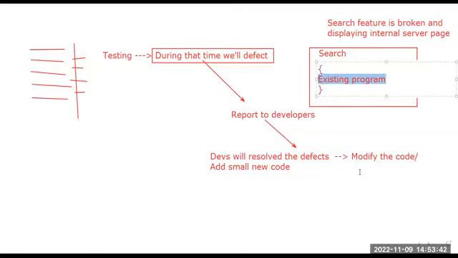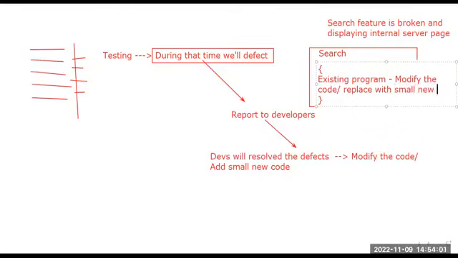How can they fix it? They are going to modify the existing program, or they will add some new piece of code into this existing program. Correct or no? Yes, sir. They will modify the code, or they will replace it with some small new code. They will change something, or they will add some new code.